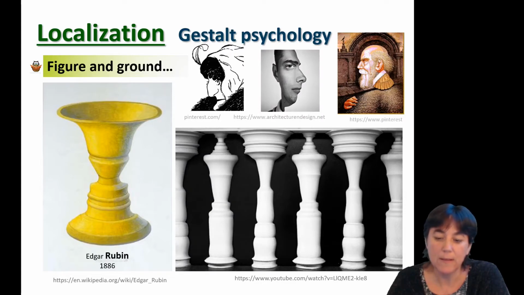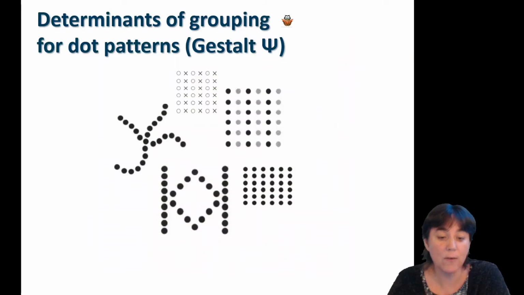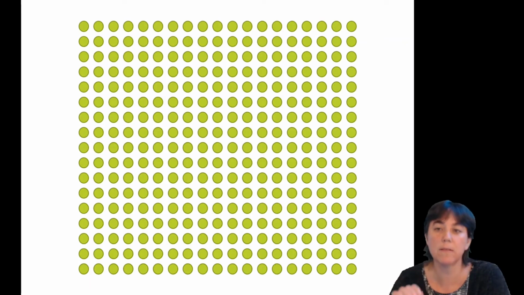And these were the examples, but there is another issue, and there are certain determinants of how you group dot patterns, okay? So please just look at this dot pattern and tell me, what do you see? I give you a little time to think. You can also pause the recording.